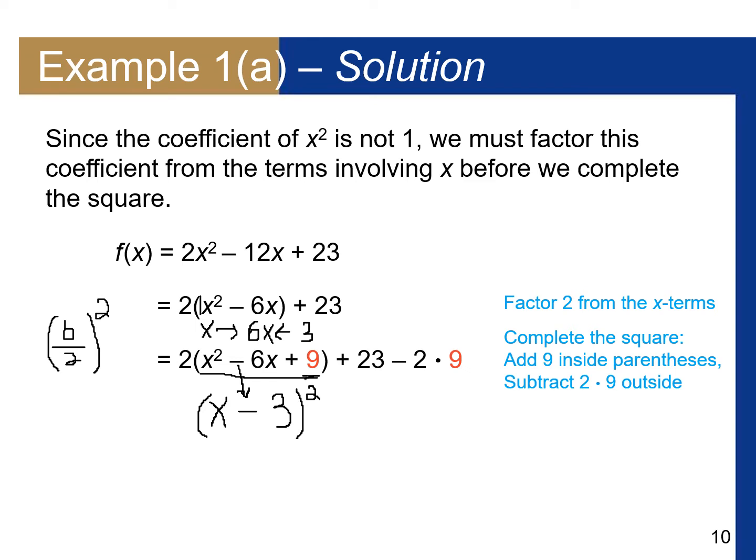So I haven't moved my 23 on the other side. It just kind of hangs out over here. And what I have to realize is that if I am adding 9, which will always be addition because it's a square. 3 squared is 9, negative 3 squared is 9. So it's always square, so it's always positive. I am actually taking 2 times that. You might remember from the last section we talked about this. 2 times 9.